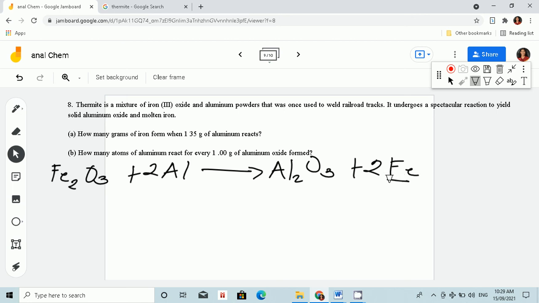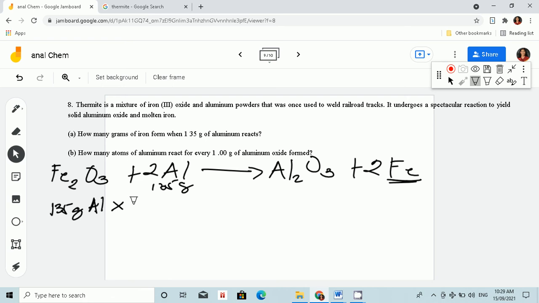Now let's use the given number, 135 grams aluminum, times the atomic mass. We will use this balanced equation.